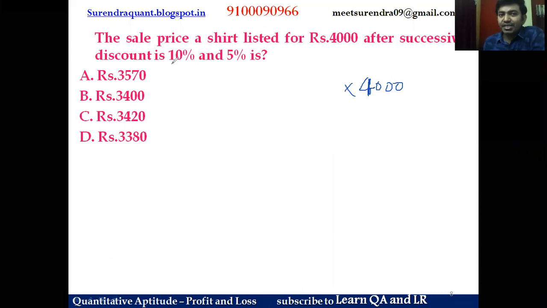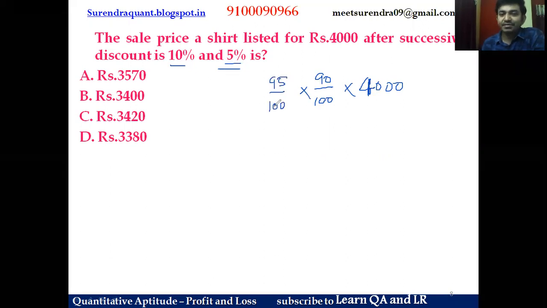If 10% is discounted, he has to pay 90% of the list price. This is the selling price after the first discount. But there is a second discount which is 5%. If 5% is discounted, the next price should be 95%. Don't subtract from 90, you have to consider it separately. We clearly discussed successive multiplying factors.